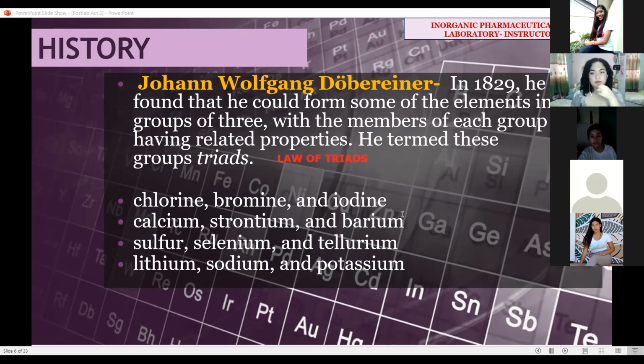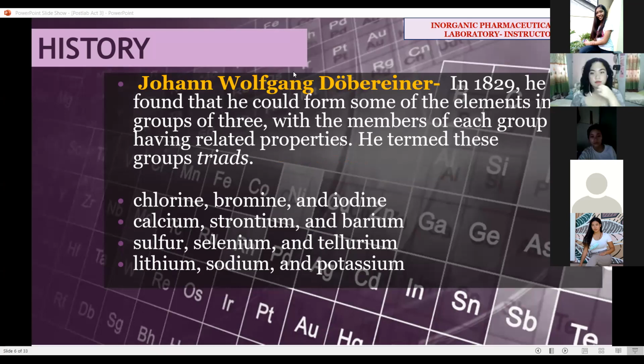By threes, and then calcium, strontium, and barium also. And this is also true with the current periodic table. Chlorine, bromine, and iodine belong to the same group. It just got expanded later, but with the law of triads, they were only three each. So that's Johann Wolfgang Dobereiner.